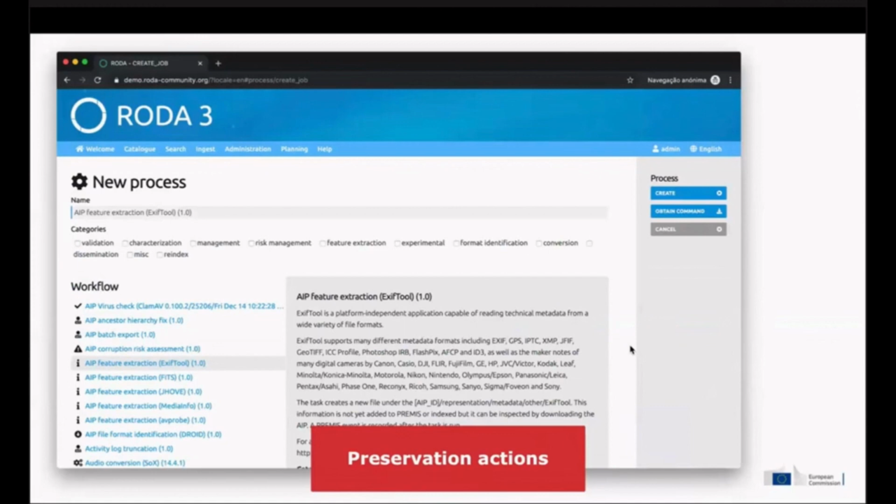We can start new processes for detecting and mitigating risks, for example. That's very important for preservation planning purposes, to ensure the information that we are preserving does not have any risk that might influence the way we are preserving the information. And that's basically it about preservation planning.